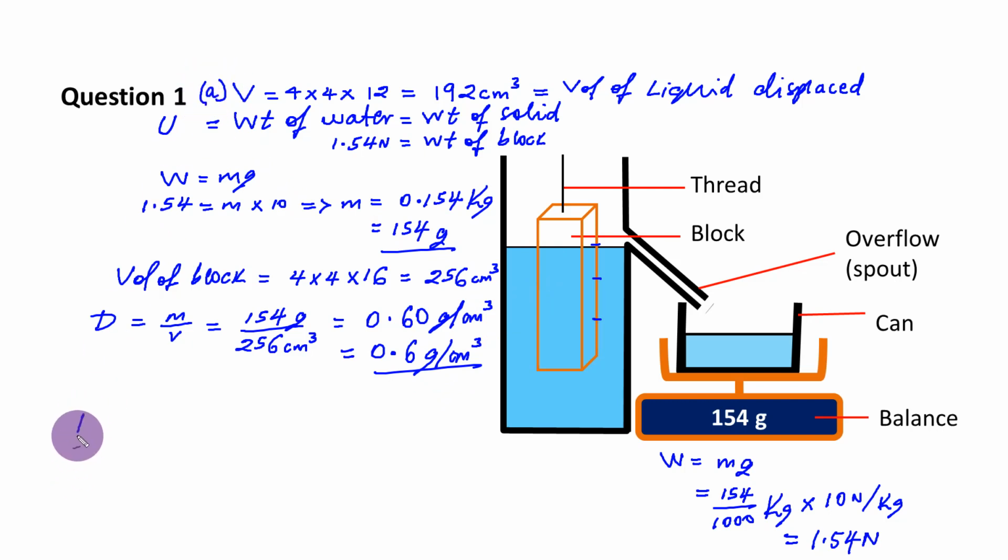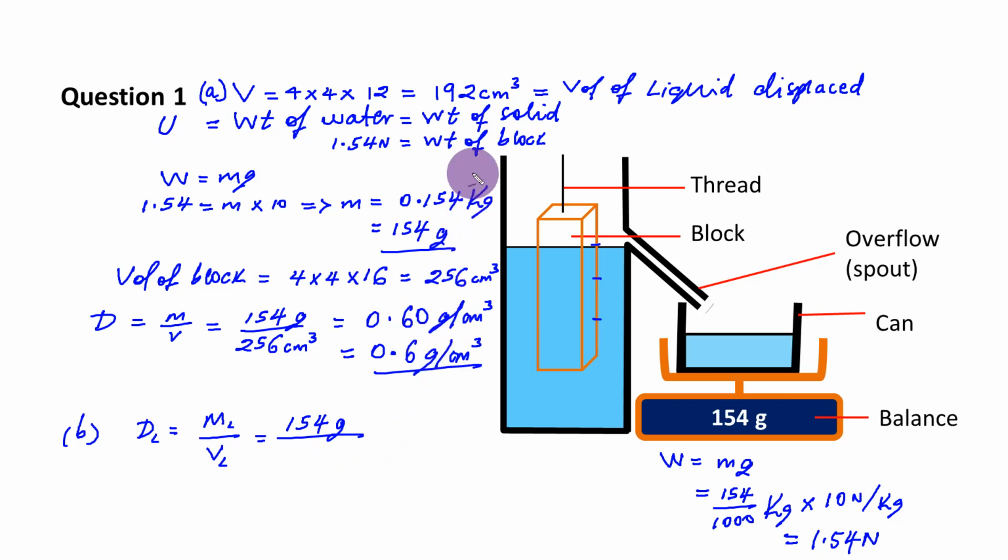In part B, I'm asked to determine the density of the liquid. So the density of the liquid is equal to mass of the liquid over the volume of the liquid. The mass of the liquid directly is 154 grams, so there is no problem with that.